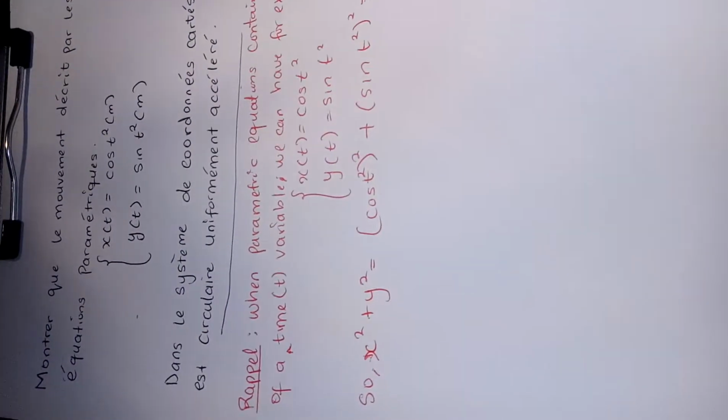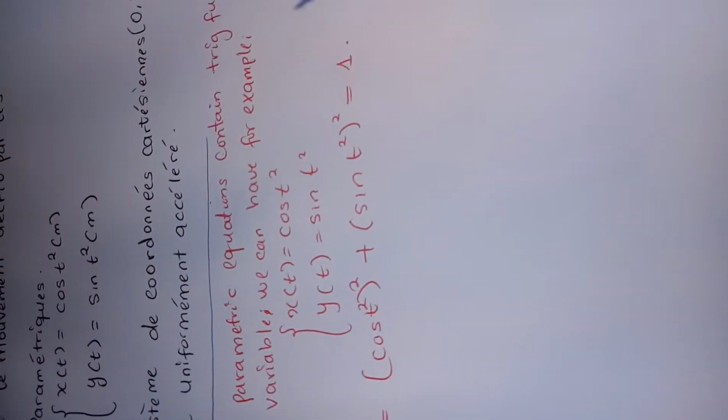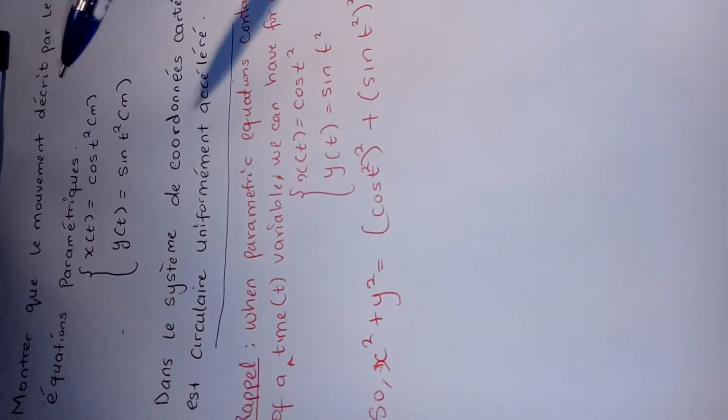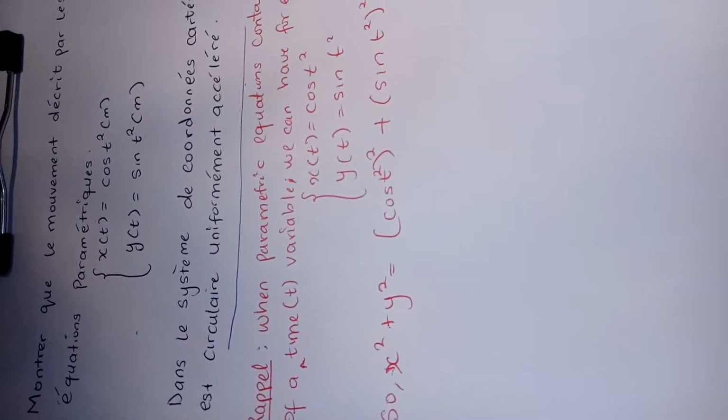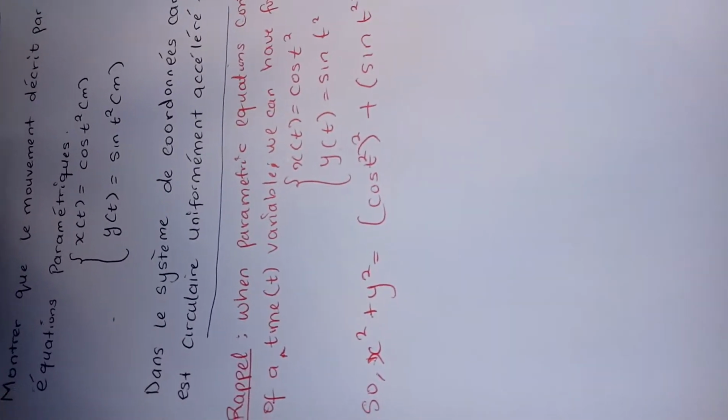So why I introduced this particular case for trig functions is because of what we have in our question. We should prove using the parametric equation. So here we are in cinématique de points.